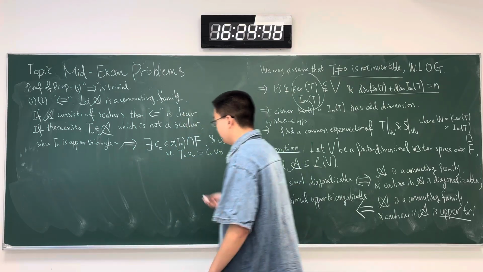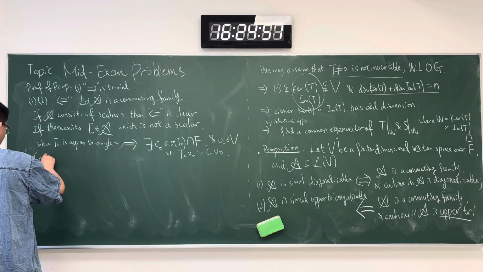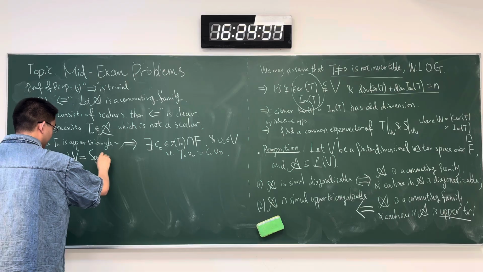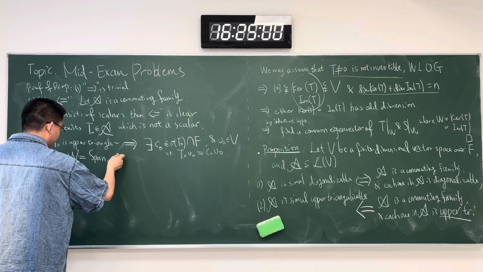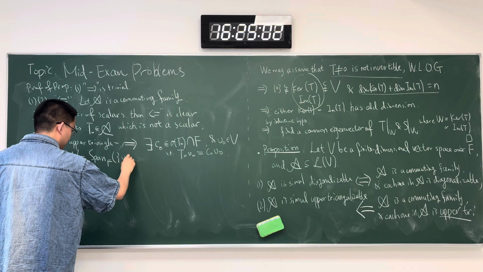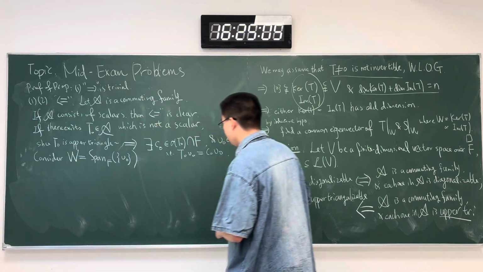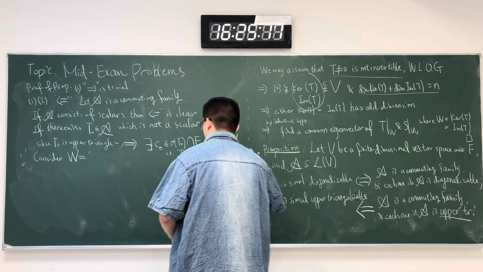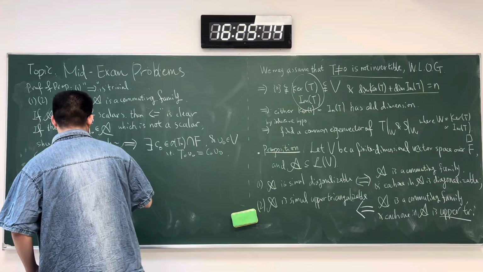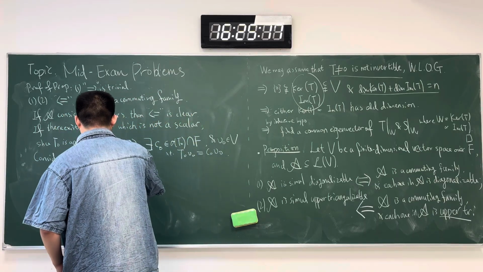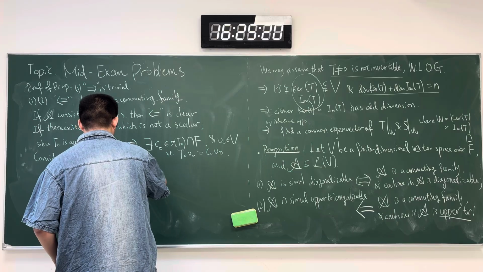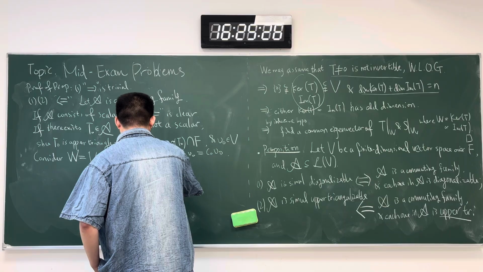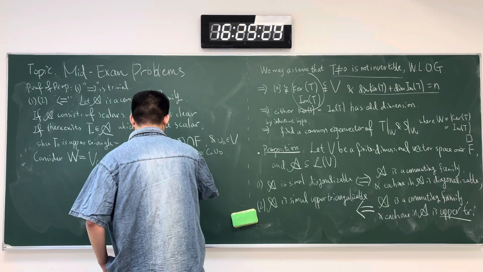Then we just consider the one-dimensional space spanned by this vector v0 over the field F. Okay, sorry. We should consider instead the eigen subspace W of c0 of T0, which is the collection of vectors v such that Tv equals c0 v.